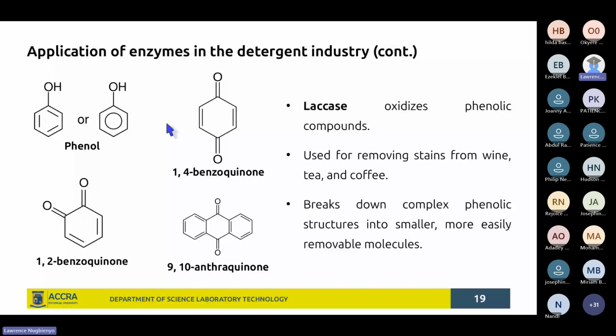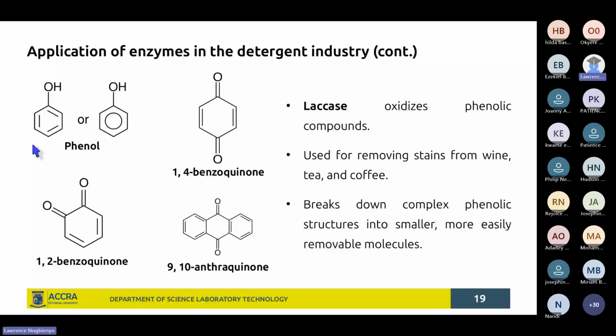The same way in the processing of things like cocoa, wine, tea, coffee, you have a lot of these phenolic compounds in them, and they can also be a source of stain.